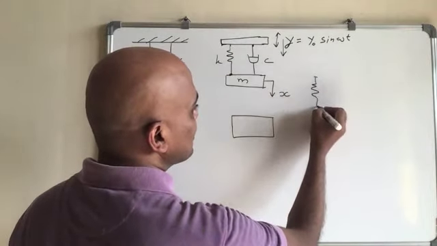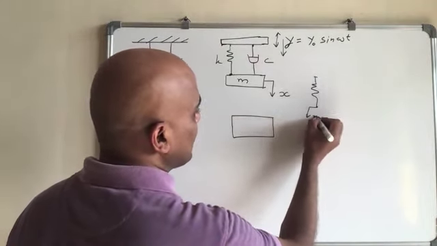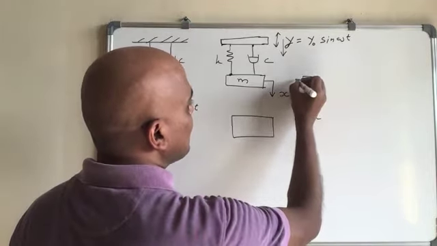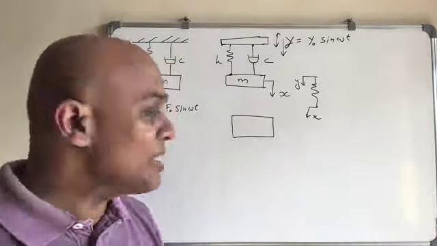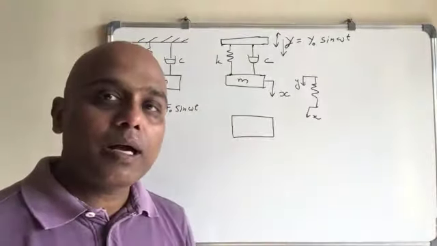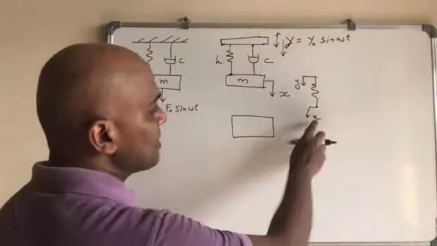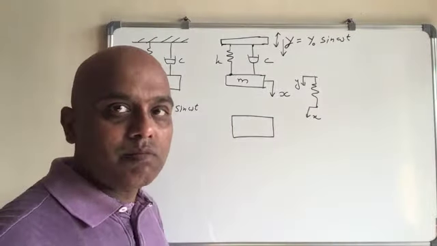So one end by x, the other end by y. What is the stretch of that spring? The stretch will be simply x minus y.